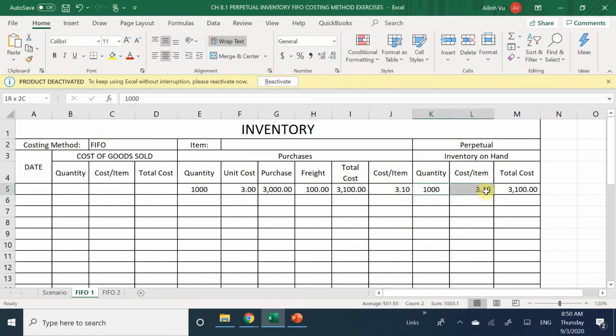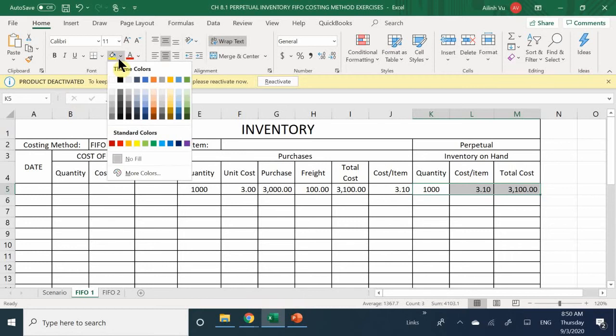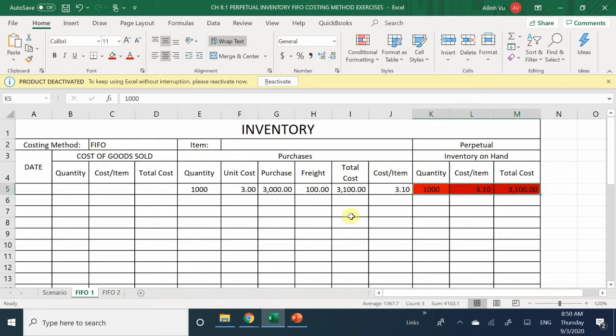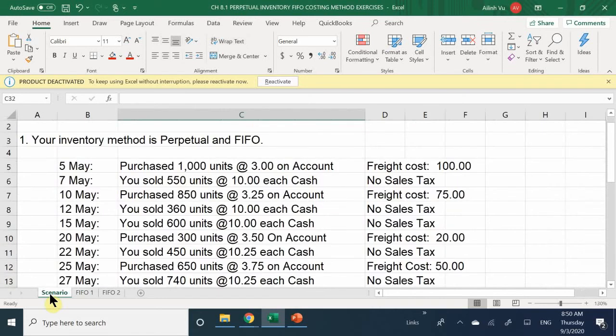And I'm going to highlight it. What color should I use? All right, we got a red. This is going to be my indicator that this is my first batch. Good. All right, let's go ahead and see what happened next.